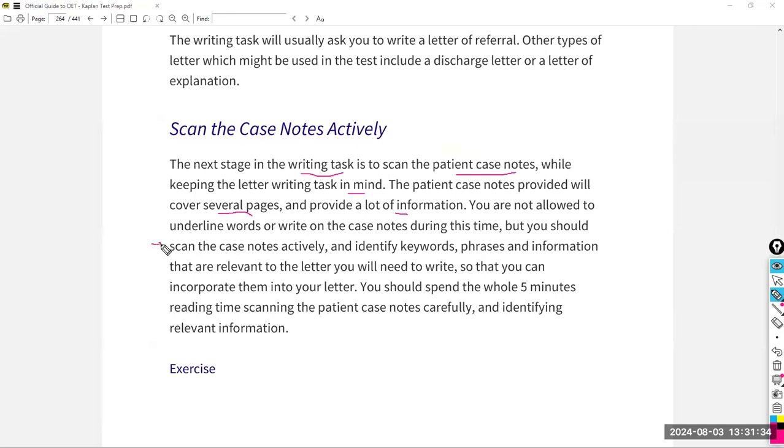Scan is to read fast to check the main ideas, read the case notes actively, and identify keywords, phrases, and information that are relevant and suitable to the letter you will need to write, so that you can incorporate them into your letter. You should spend the whole 5 minutes reading time scanning the patient case notes carefully and identifying the relevant information only.